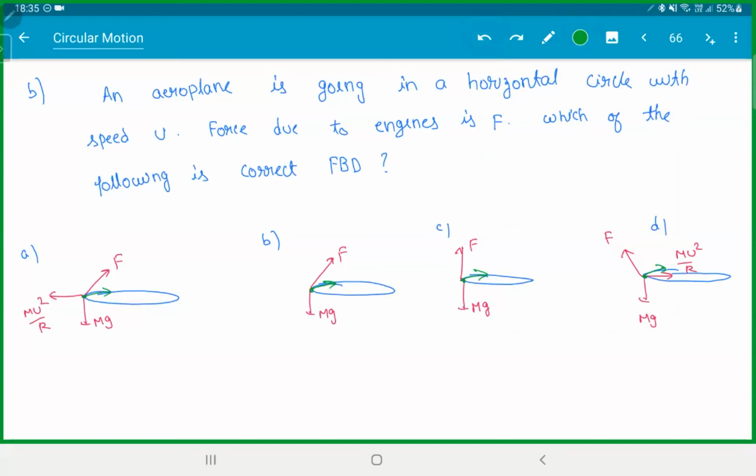Never seen that? When you come to Mumbai airport, when it is rushed, sometimes the plane is just circling around the airport. Which of the following is the correct FBD? Try. These things are simple. These are the kind of questions you'll get in BITS or mains. Meaning in mains, out of 25, you'll find at least 8 to 9 questions of this level.